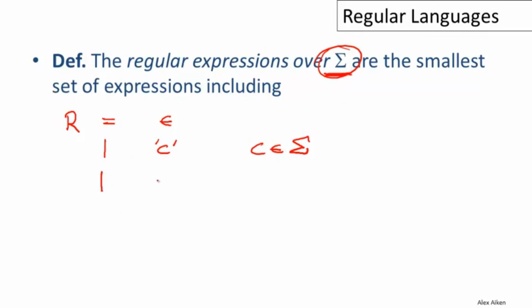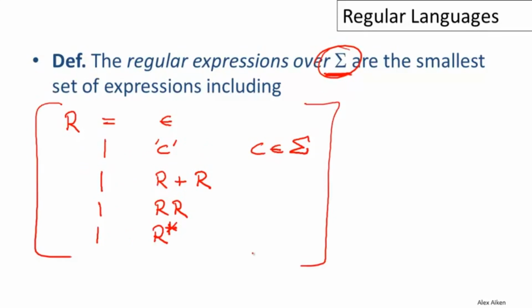And then we have the compound expressions. Another possibility is that a regular expression is the union of two regular expressions. Another is that it's the concatenation of two regular expressions. And the last is that it could be the iteration of a regular expression. So these five cases are the set of regular expressions over a given alphabet.